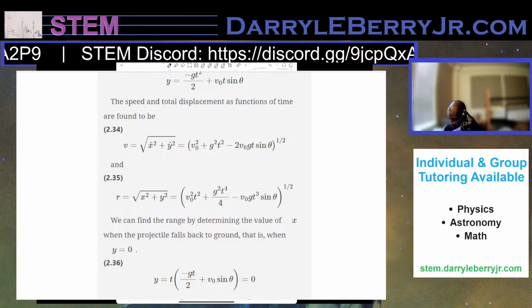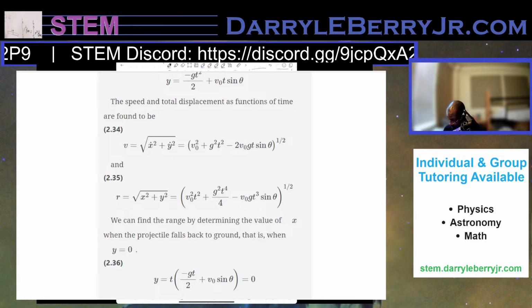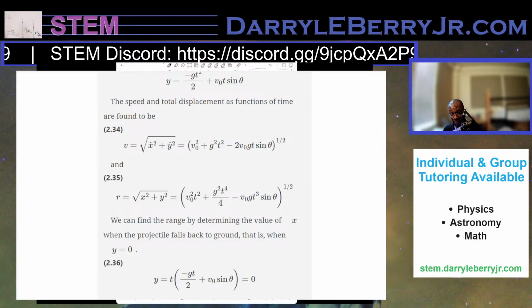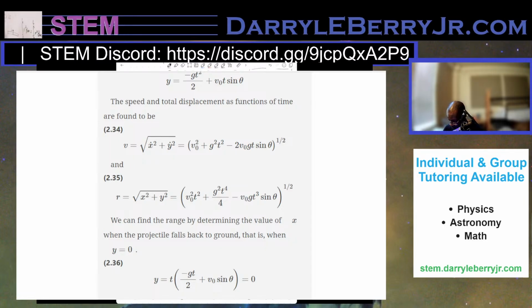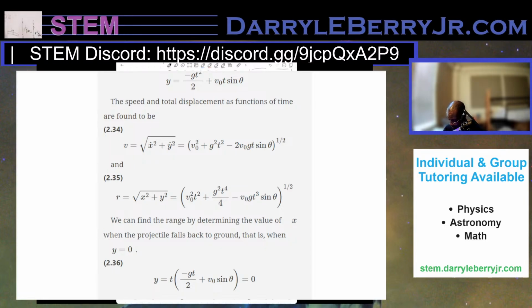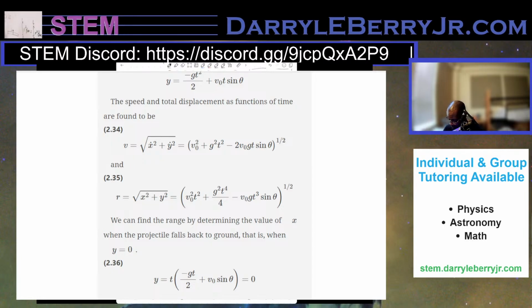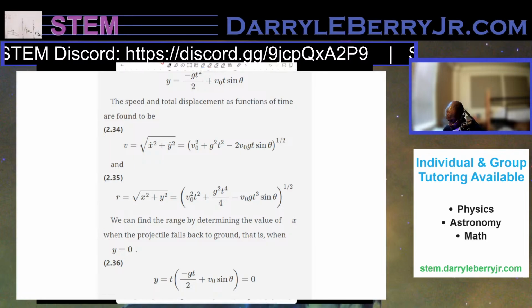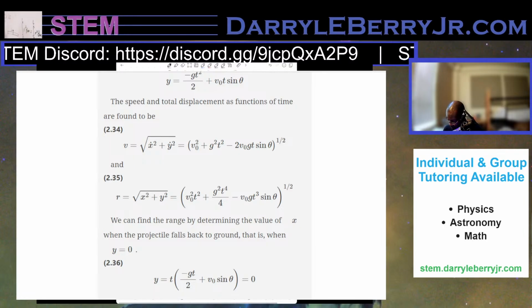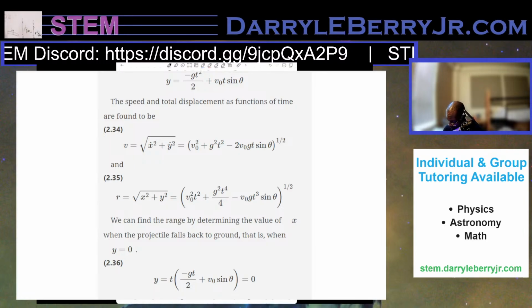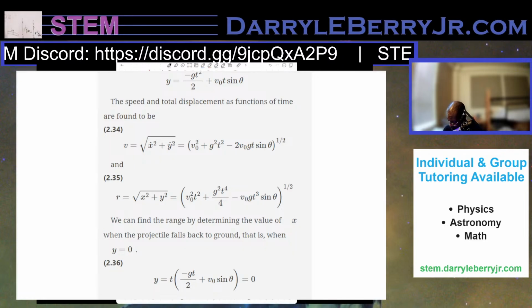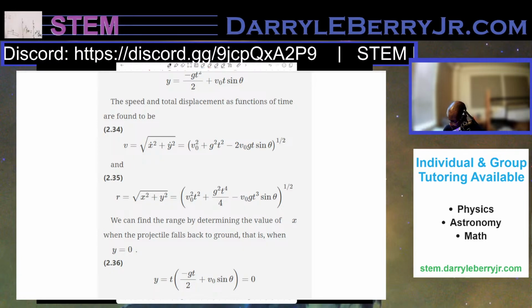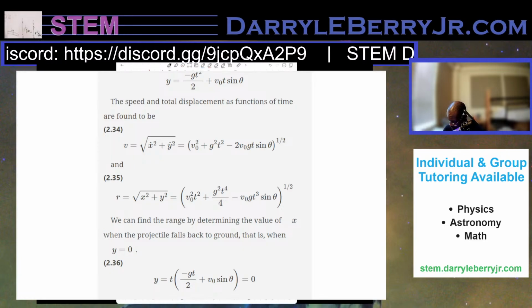So that equals the square root of V naught cosine theta squared plus gt plus V naught sine theta squared.